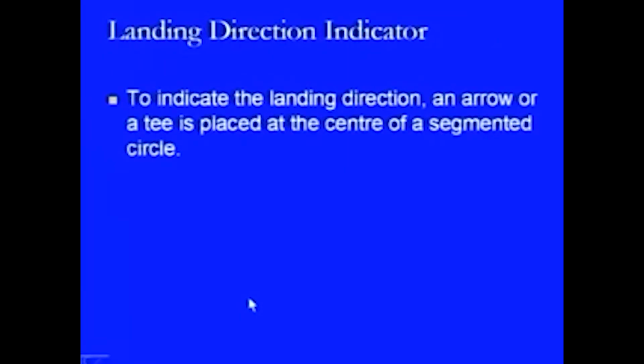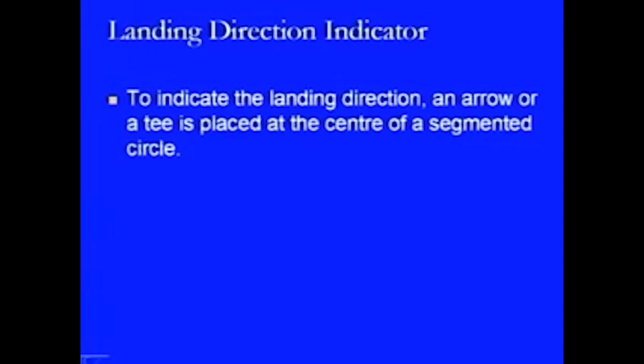Another type of indicator is the landing direction indicator. This landing direction indicator is a helpful aid to the pilot at the time when they are coming to the airport and looking for a runway strip and the direction from which they can land on that runway strip.